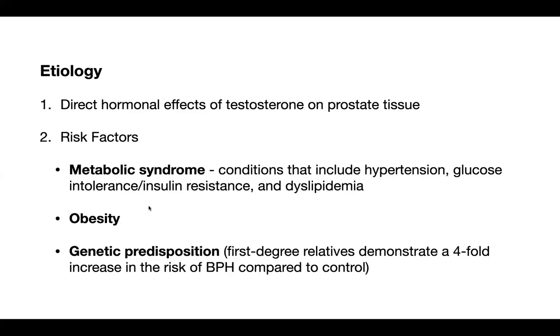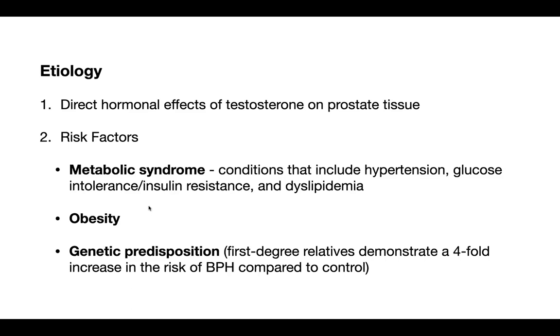And then we have other risk factors, which include metabolic syndrome. Metabolic syndrome is a combination of various conditions: hypertension, glucose intolerance or resistance, and dyslipidemia. We had already talked about obesity and the sedentary lifestyle contributing to the development of BPH.